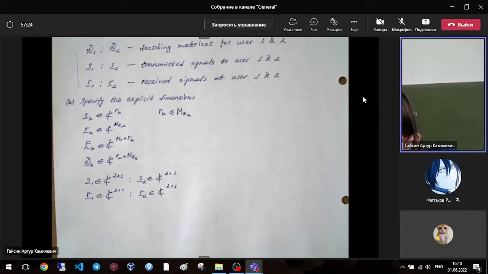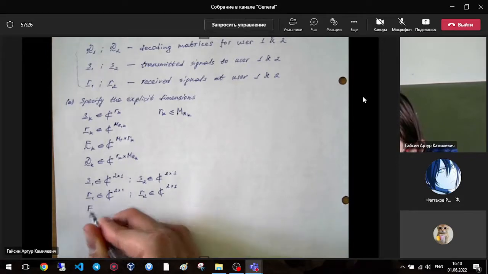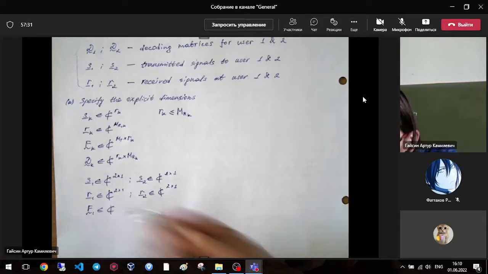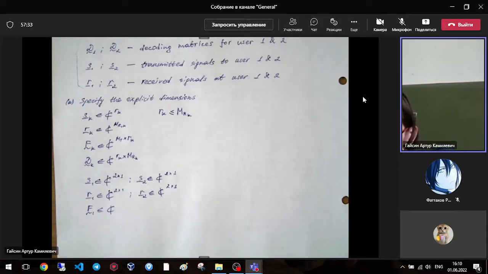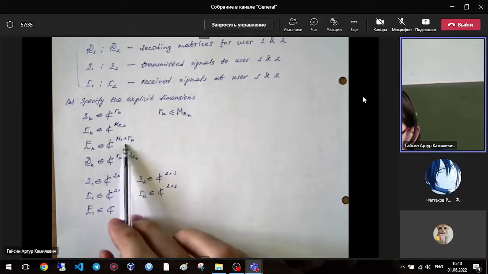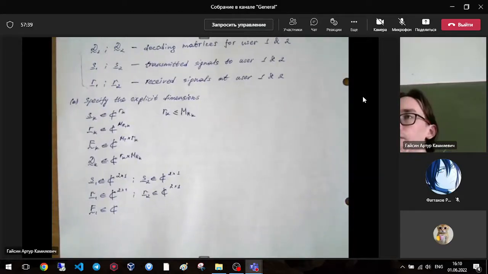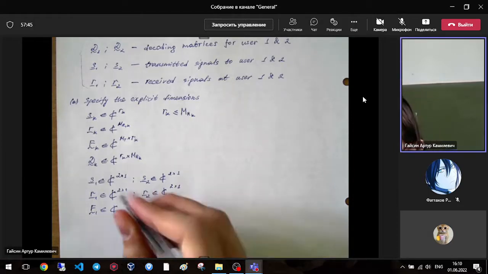Then the precoding matrix F1. So you can see it should be equal to MT times the rank of the first user. Yes, 4 by 2.